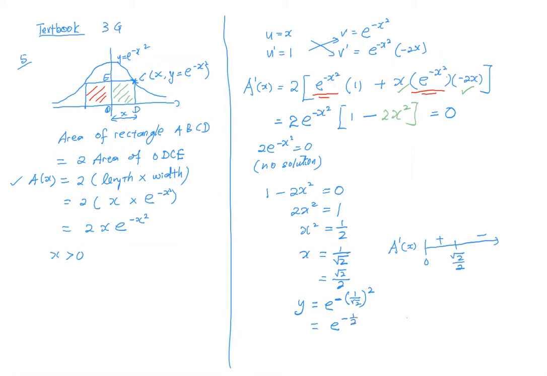Therefore, the coordinate of C will be root 2 over 2, and this one you can write as 1 over square root of e. If you are not sure, you just leave it as it is. We also won't deduct your mark. So get it?